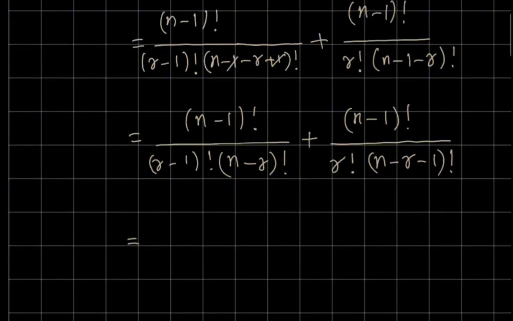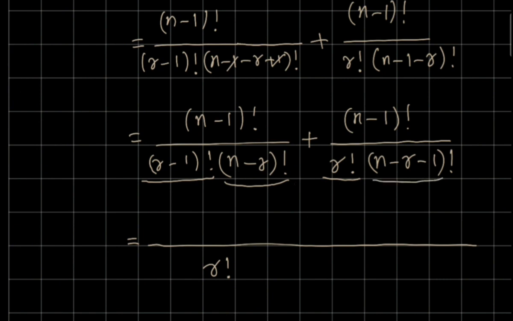Now we take the LCM of these two terms. So what's the LCM? The least common multiple of r minus 1 factorial and r factorial is r factorial. The least common multiple of n minus r factorial and n minus r minus 1 factorial is n minus r factorial, because this is the bigger term.